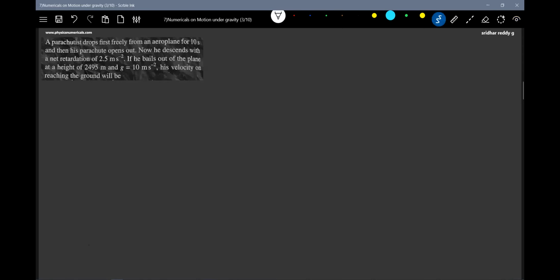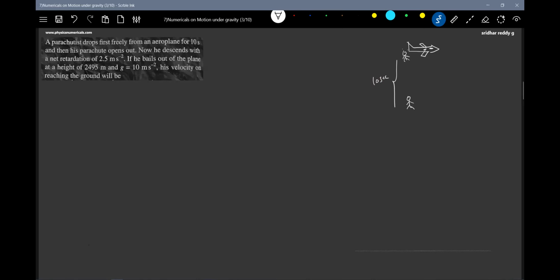What is the overall problem? Suppose this is the ground, and somewhere there is a plane. From here, the person falls freely, for 10 seconds.